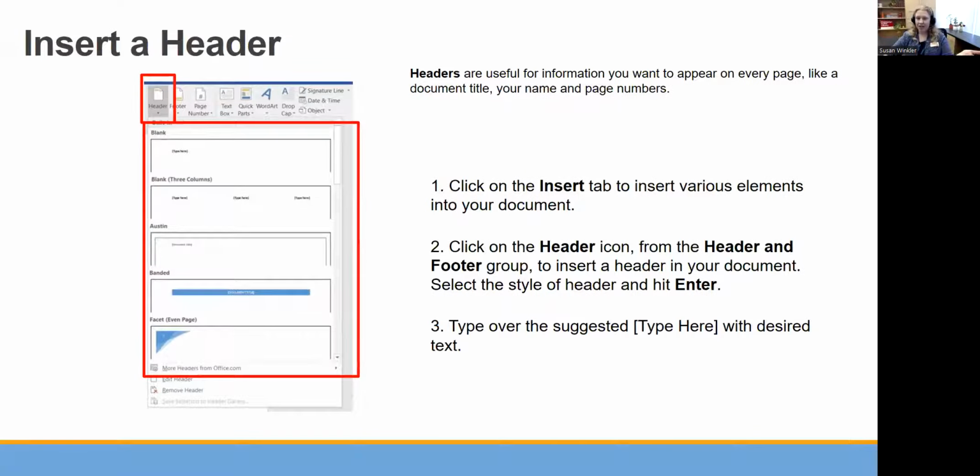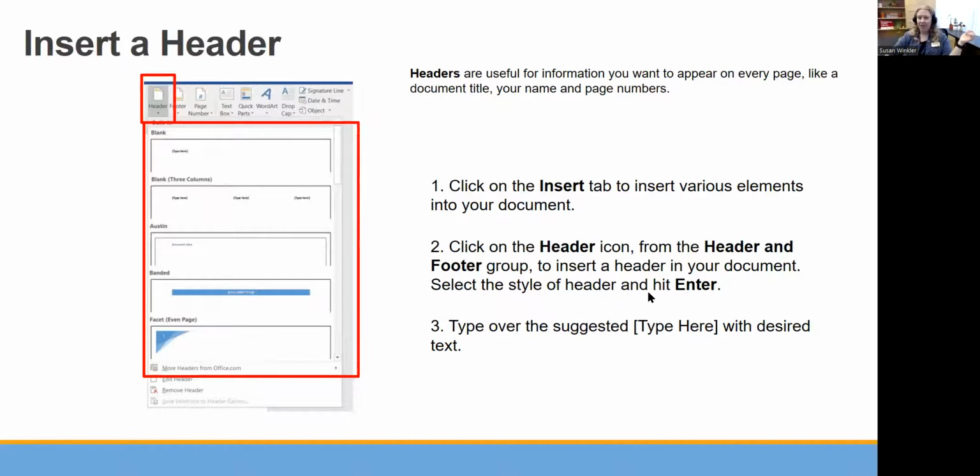So to insert a header, we're going to be in the Insert tab, clicking on the header and footer group and picking header. Then you can decide your style for your header. If you want three things across the top of the page, or a little bit more flair or style, you can pick a certain style.